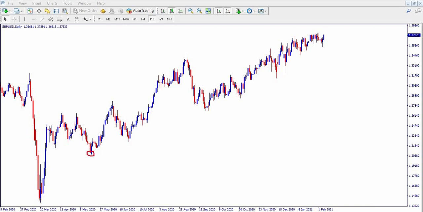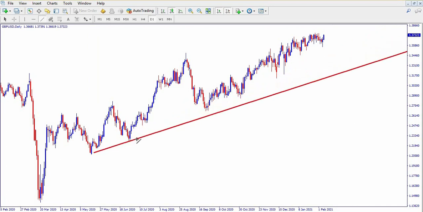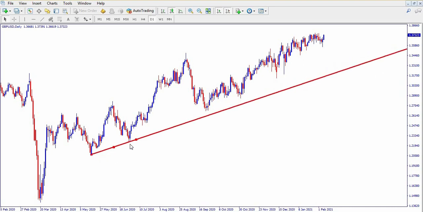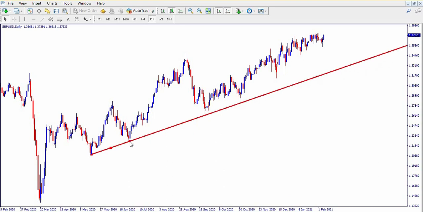Yes, this is one point, and this is another point. So let's connect those two points using the trend line. Okay, this is what we have.